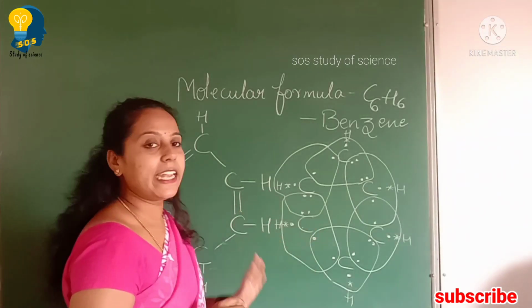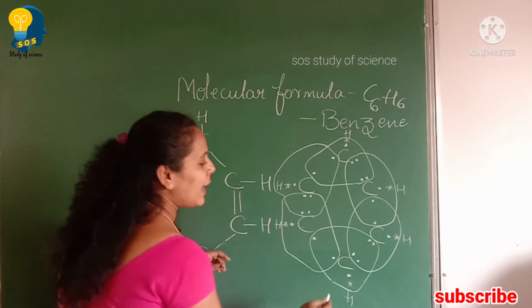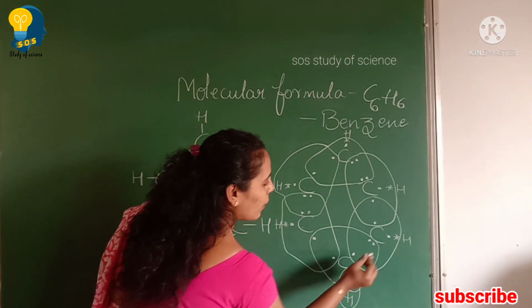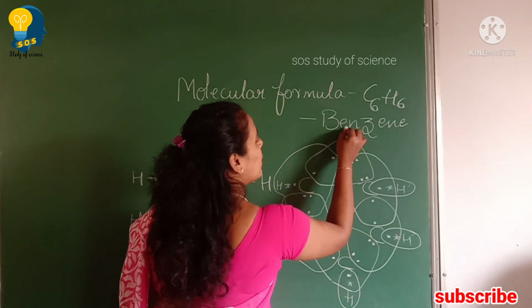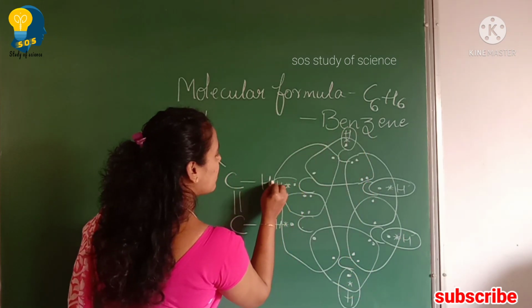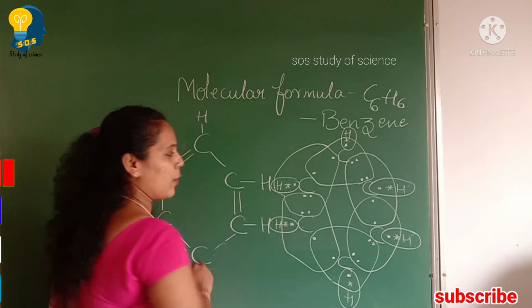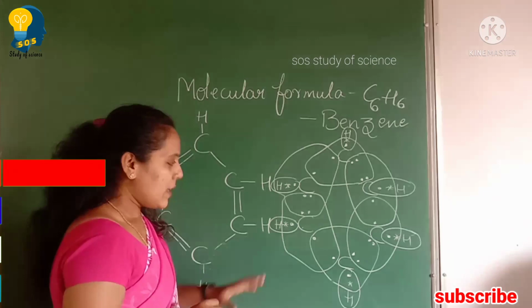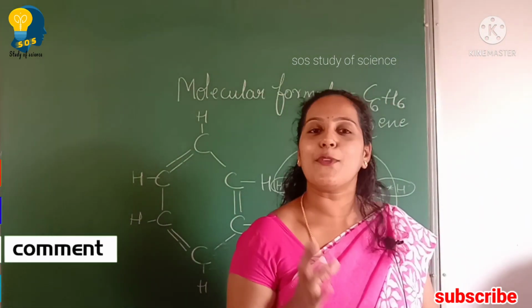Every carbon has 8 electrons. By sharing, it has obtained stability. For hydrogen, it is 2 at every place. Everywhere hydrogen has 2 electrons by sharing an electron from the carbon. This is how we write the structural formula and the electron dot structural formula for benzene.